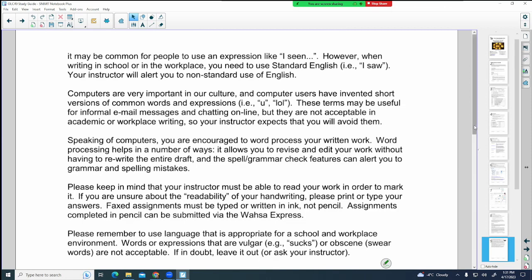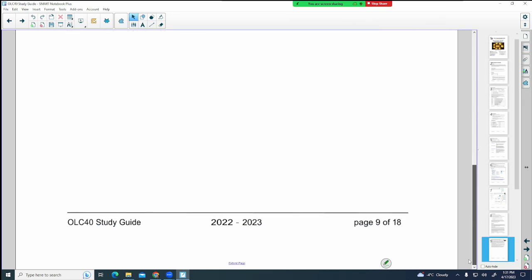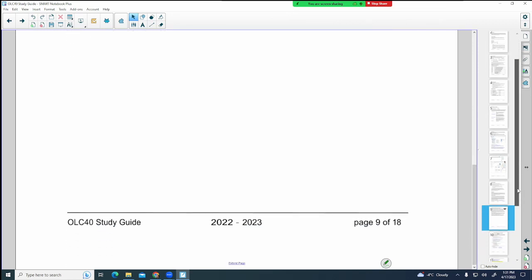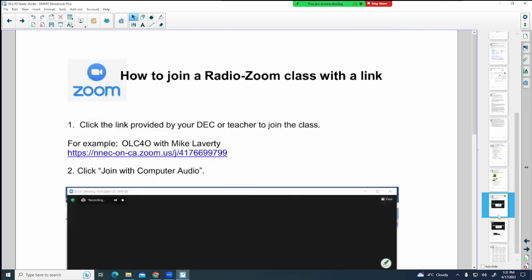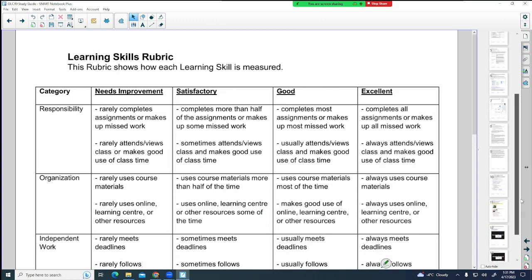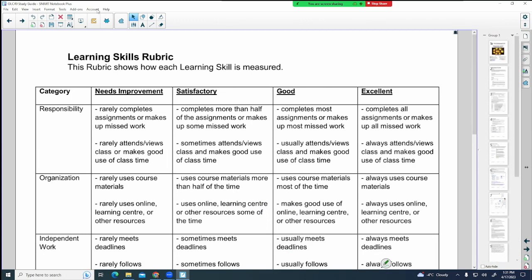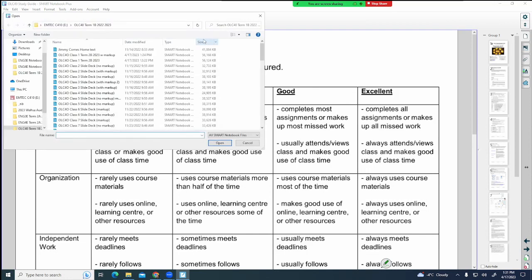Just have a look at that, especially how to submit assignments, and lots of useful information about accessing previous recordings. It should answer a lot of your questions, and if you still have questions, that's totally fine. Please reach out to myself or your DEC or someone working with WASA, and they can give you a hand with that.